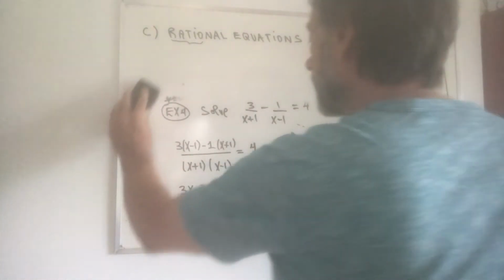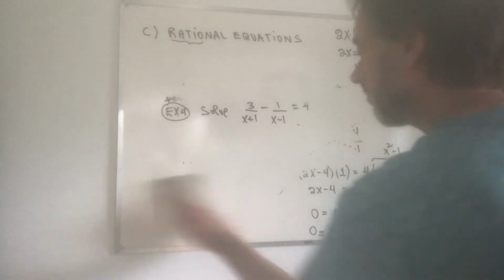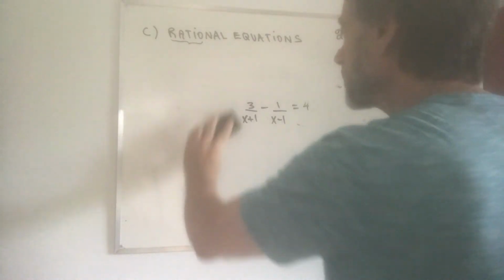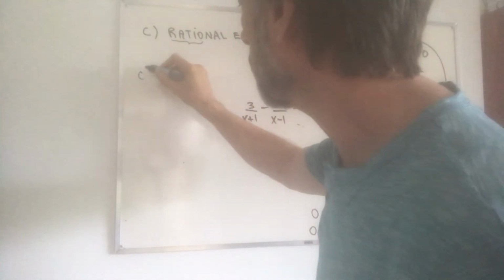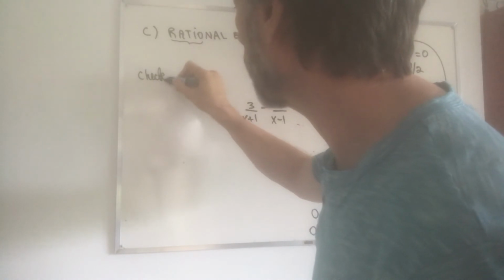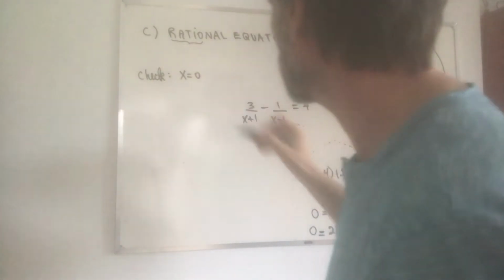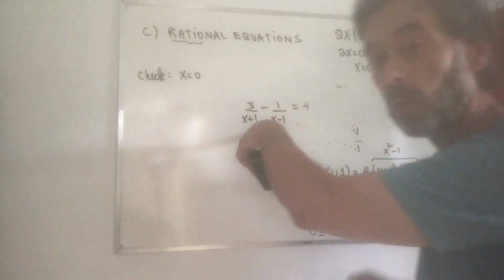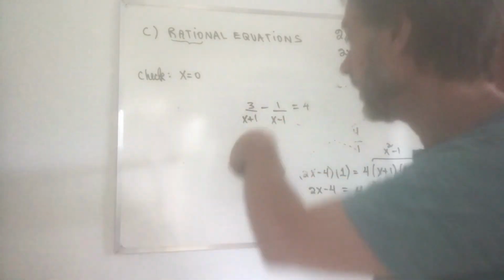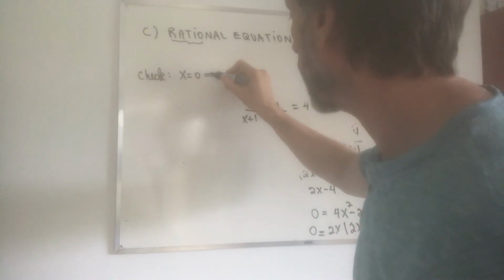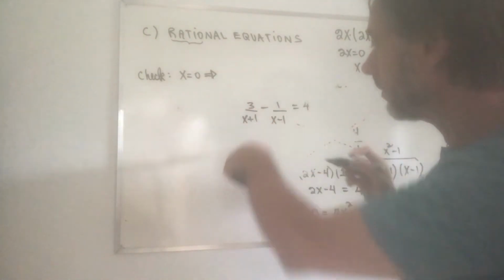If you check those, you will see that it actually works very well. So I'm going to check only one of them. I don't have time for both. So check x equals 0 in the original equation.